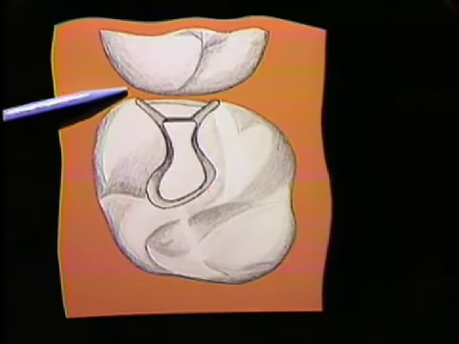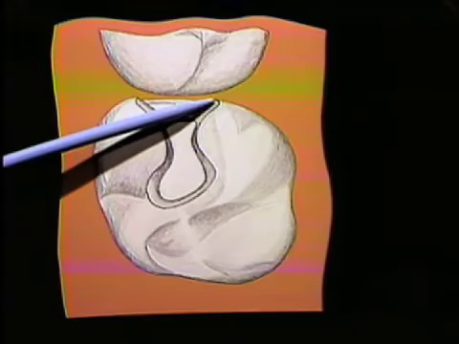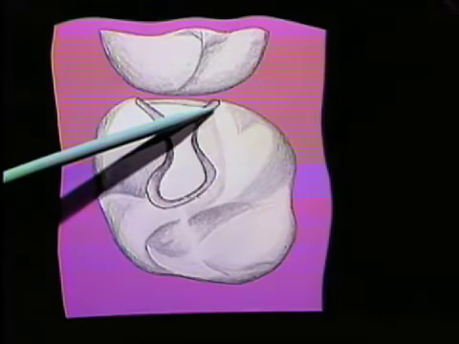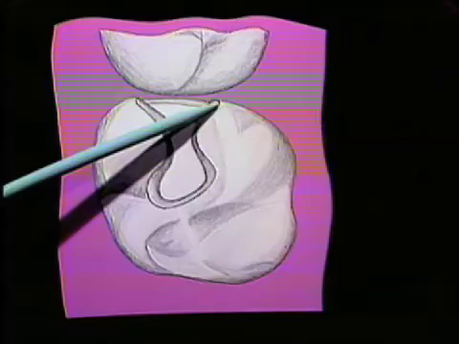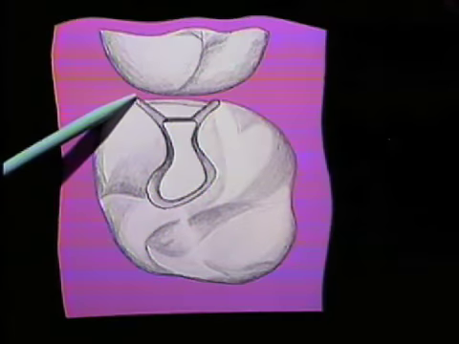If you will note in the box preparation that on the buccal and on the lingual, we have come out into immunity by removing tooth tissue from the cavo surface margin to the pulpal axial line angle. This, of course, as you can see, necessitates the removal of dentin and enamel.